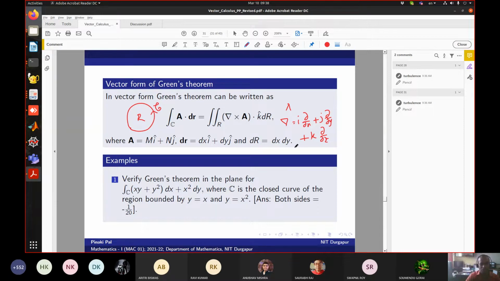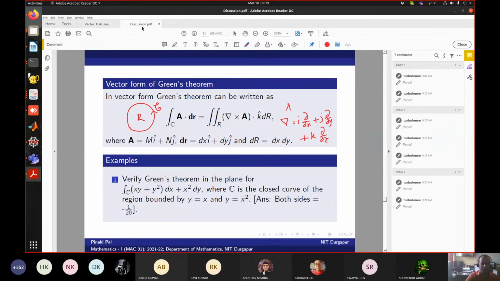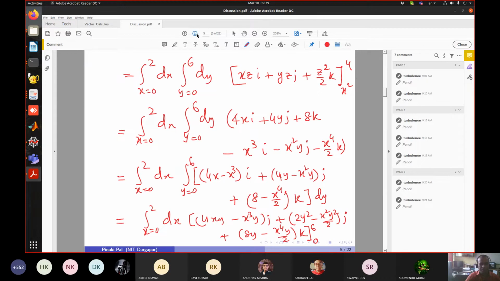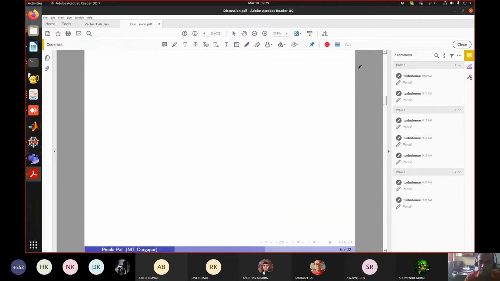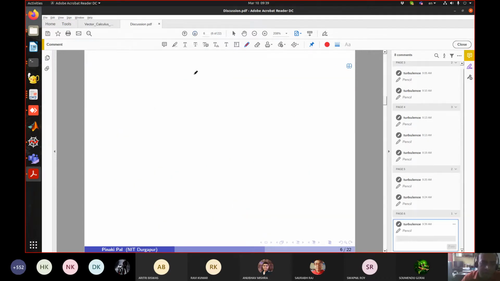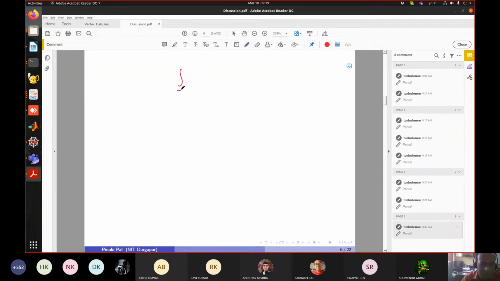You calculate this one. Let me show you how this is coming. The right hand side: what is the vector form? The closed line integral of A dot dr is equal to the double integral of curl A dot k.